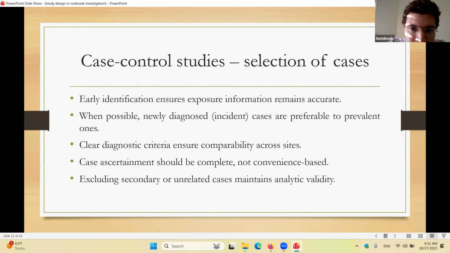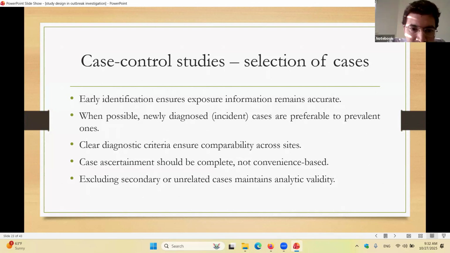When possible, newly diagnosed or incident cases are preferable to prevalent ones. It is an important note because when you approach incident cases, new cases, you are ensured that the cases are real and temporally they occurred after the exposure.